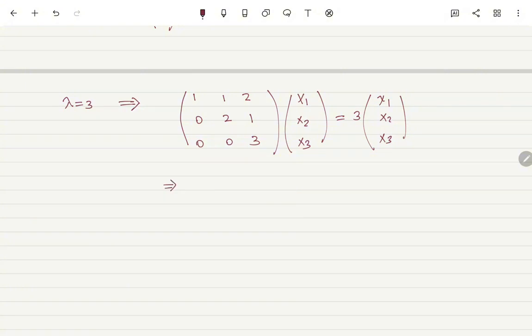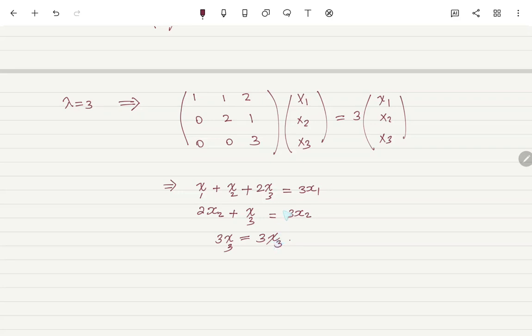From this, we will get the following three equations: x1 plus x2 plus 2x3 equal to 3x1, 2x2 plus x3 equal to 3x2, and 3x3 equal to 3x3.